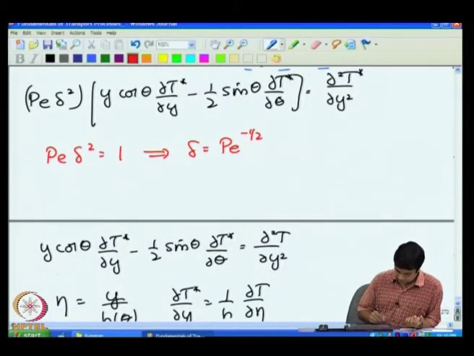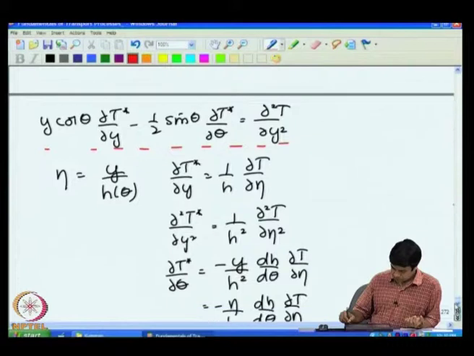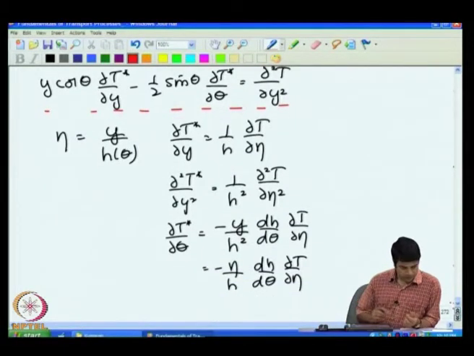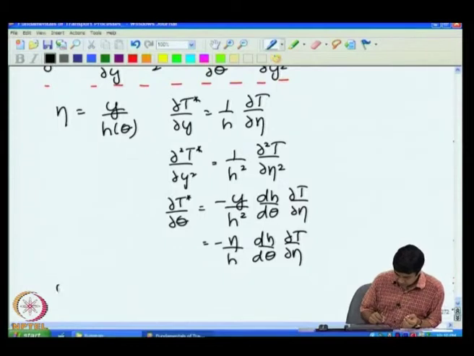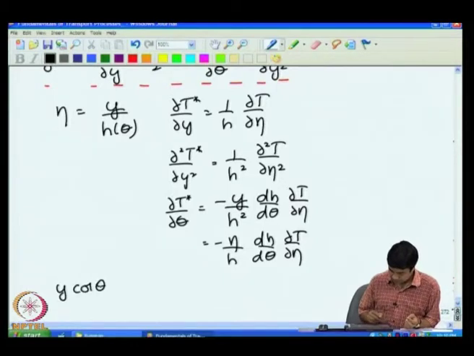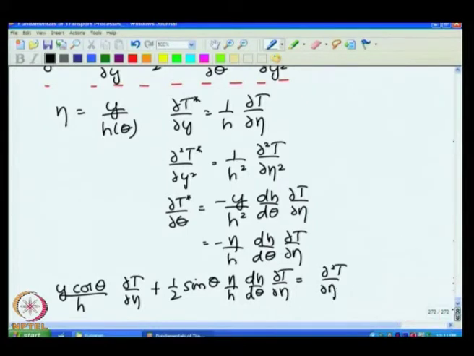Into this equation, and we end up with an equation of the form y cos theta by h partial t by partial eta minus, so I should have a plus here, half sin theta eta by h dh by d theta partial t by partial eta is equal to partial square t by partial eta square.